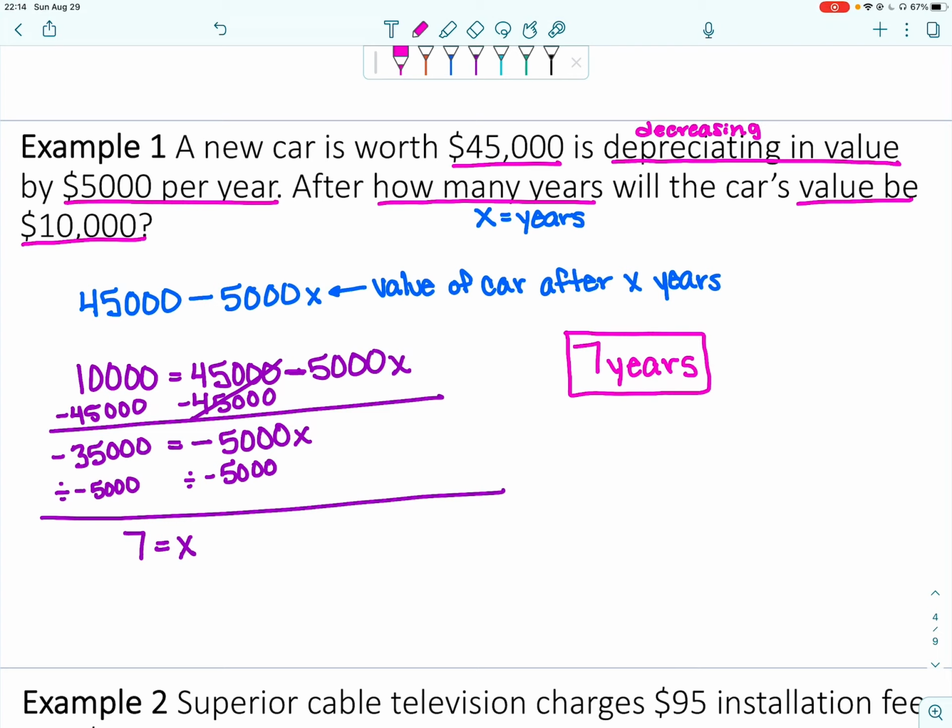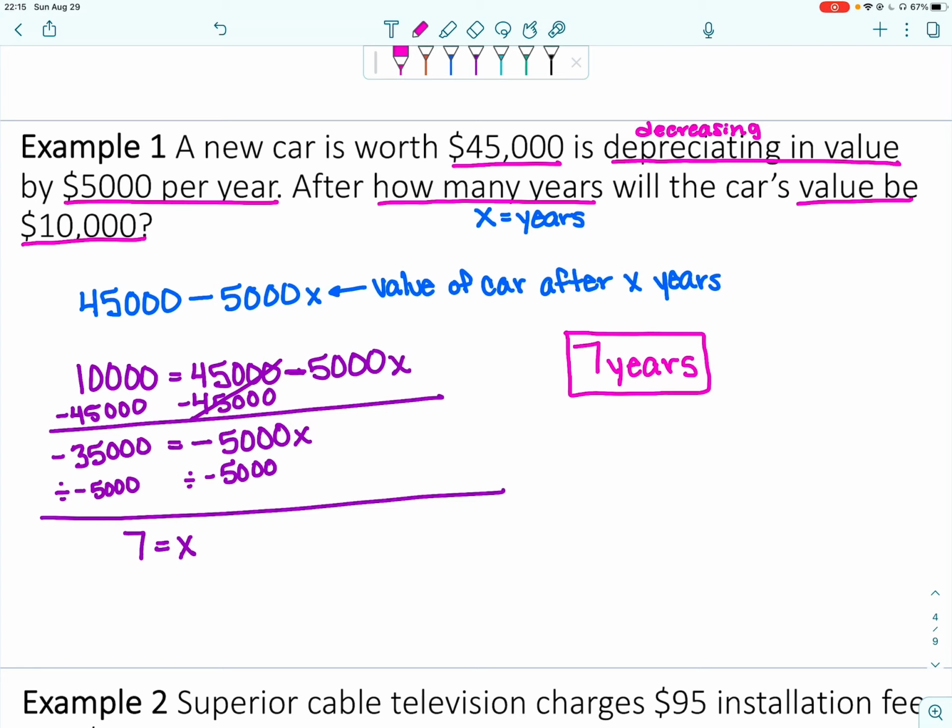Okay, and we could check this. It would take a minute to check it, but if I start at 45,000 and I subtract 5,000 7 times, I do in fact end up with 10,000. So I didn't use the equation I came up with.